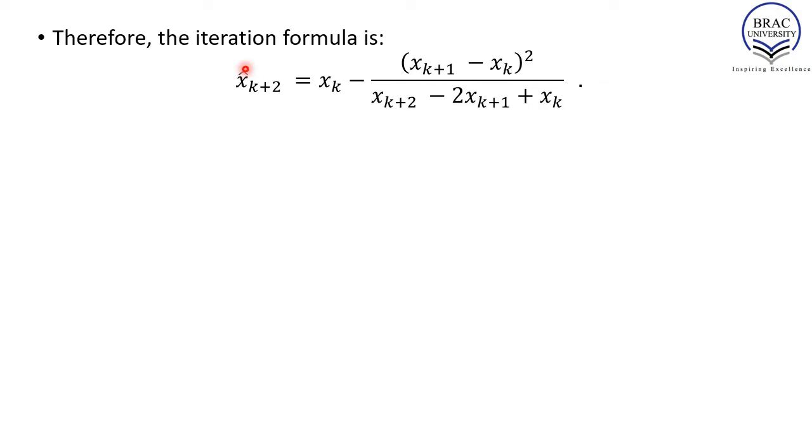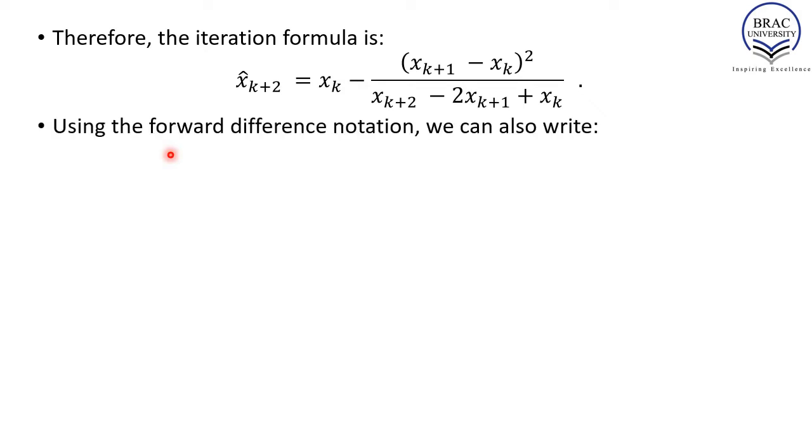Hat is a new symbol we use, and to compute this value x_{k+2} hat we need three points: this is x_k, that is x_{k+1}, and x_{k+2}. We need these three points and then find the new point x_{k+2} hat. We call it the accelerated value because, as you're going to see, the value from that hatted quantity gives you less error than the unhatted quantity.